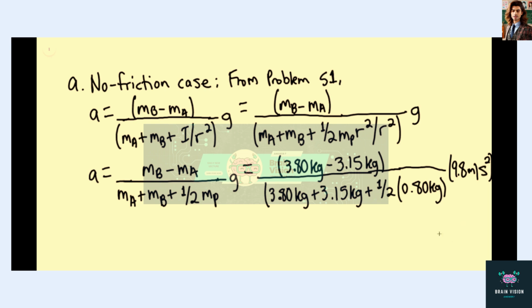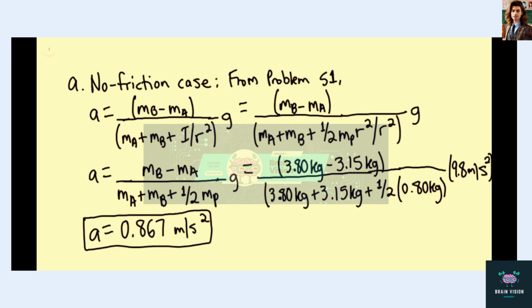And we have that the acceleration is then equal to 0.867 meters per second squared. So for part A, this would be our acceleration. Again, this is the no friction case.